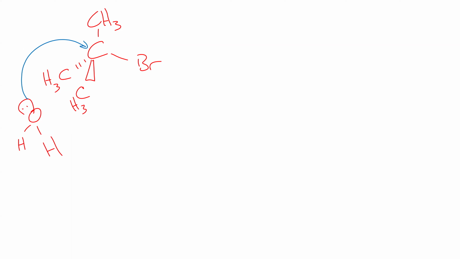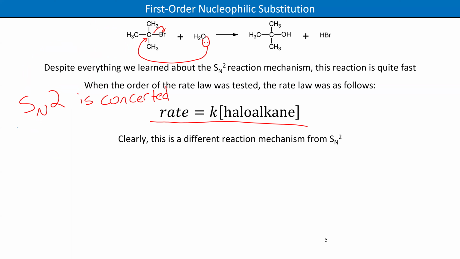We're going to have our nucleophile attack. But we can't have a carbon with 5 bonds, so our leaving group has to leave at the same time. And in this case, because we have water acting as our nucleophile, we actually get an intermediate as well.